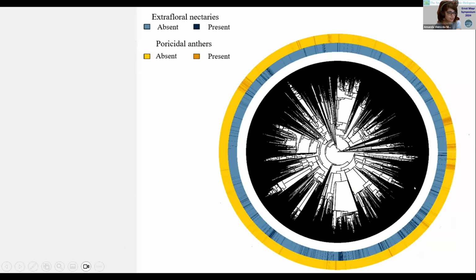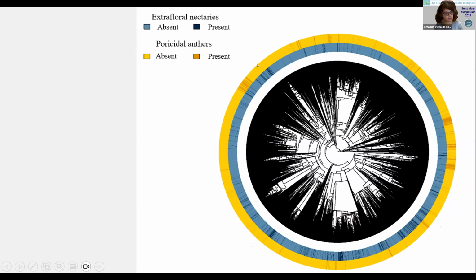And here we have the phylogenetic distributions of these two traits. In the inner part of the circle, in light blue, there is the absence of extrafloral nectaries, so plants that are not involved in protection mutualisms by ants. In dark blue, we have the plants with extrafloral nectaries, so plants involved in mutualisms with ants.